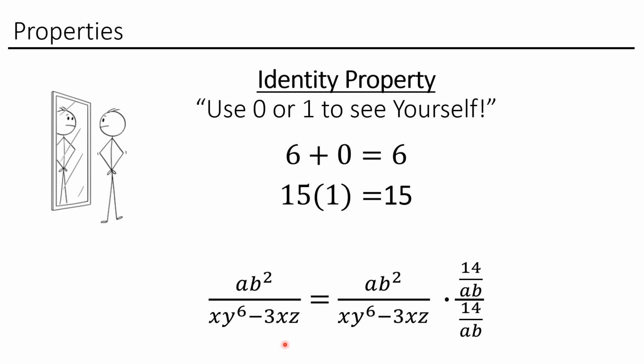If you look very carefully, this right here, AB squared over all of this, and this right here is exactly the same. AB squared, xy to the 6 minus 3xz, xy to the 6 minus 3xz. So that's exactly the same on both sides. Notice right here what this says, 14 over AB, 14 over AB.